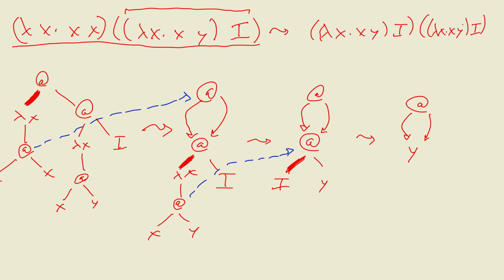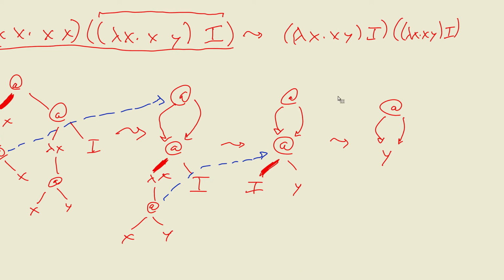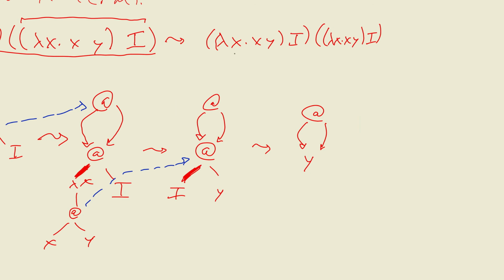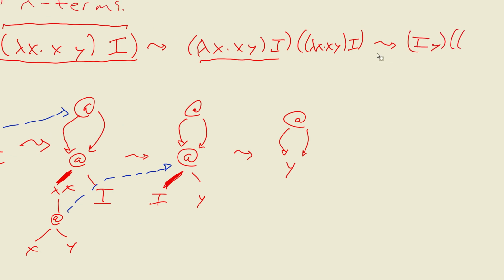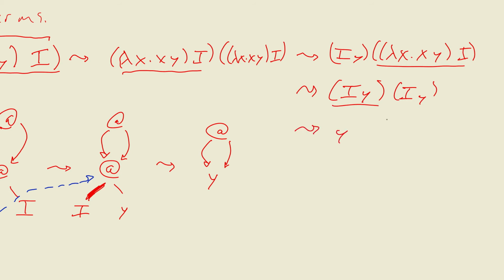I'm saying if you just did regular sequential beta reduction with no sharing of any kind, you would duplicate this, and now to get down to your normal form you have to start picking redexes. Okay, let's do this one. Sure, we get I y over here, applied to this other one. And now we maybe want to do that one. And so we get I y, I y. Now you can see we're redoing a bunch of work that we didn't need to do if we did things somehow in a sharing way.